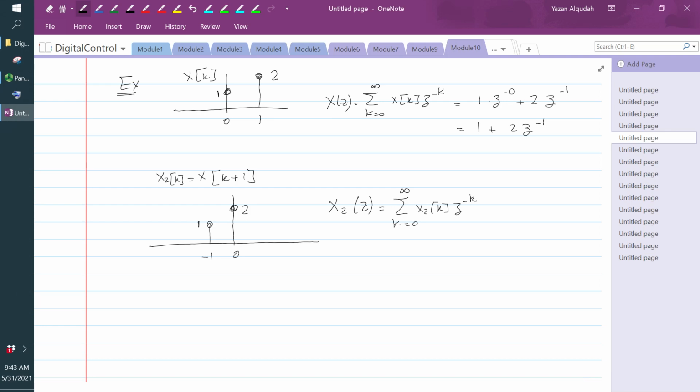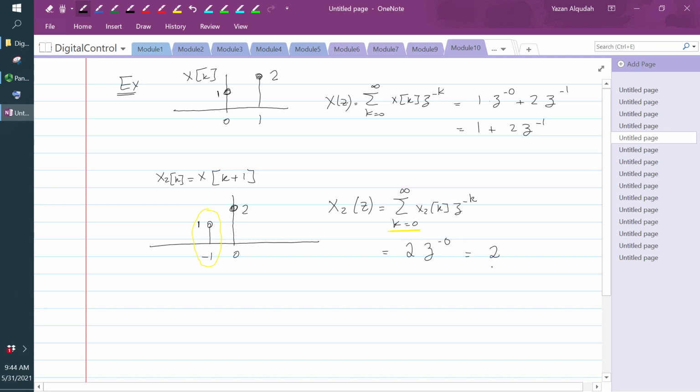Now what is this going to equal? x2 at 0 is equal to 2 multiplied by z to negative 0, and that's it. This term here will not show up in the calculation. Why? Because I'm taking the one-sided z transform, and therefore I'm taking from k equal to 0. So this is just going to equal 2.